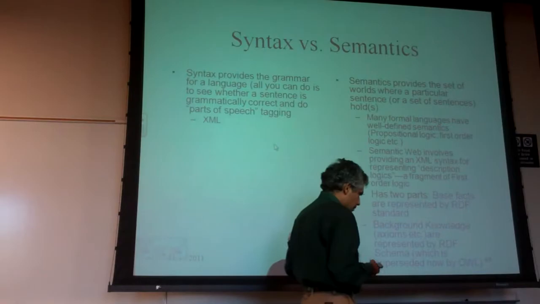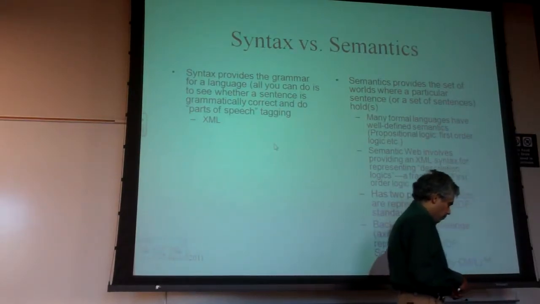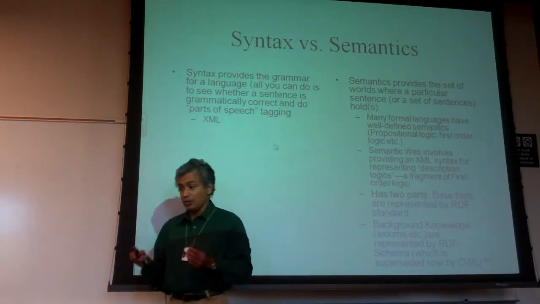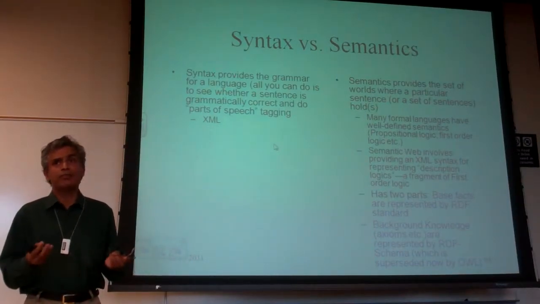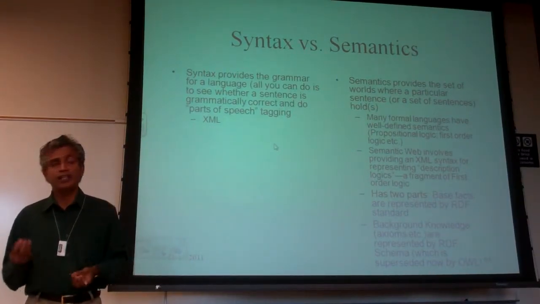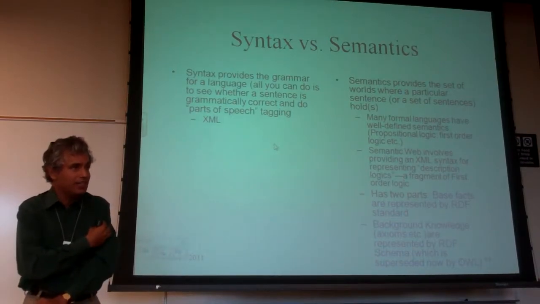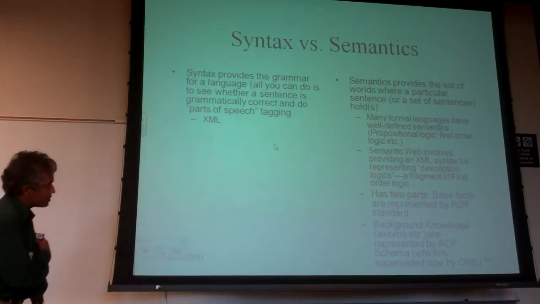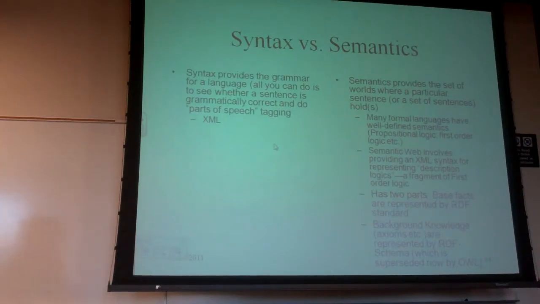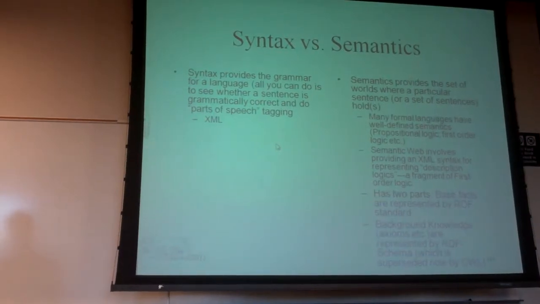Semantics come essentially from, and I cannot actually go into how formal languages have semantics. You should have taken some other course, like Intro to AI. But in general, the meaning of a sentence is the set of worlds where that sentence is true.